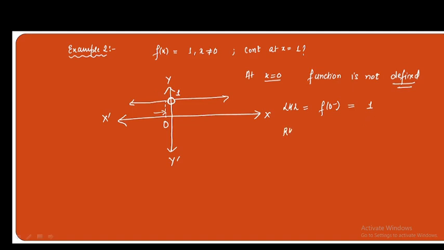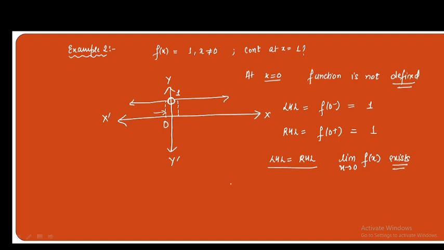Next is RHL, it is f of 0 plus, this is again 1, right? You take any value which is to the right of 0, its value is also equal to 1. So LHL is equal to RHL. So one thing is for sure, that the limit of the function at x equal to 0 exists.